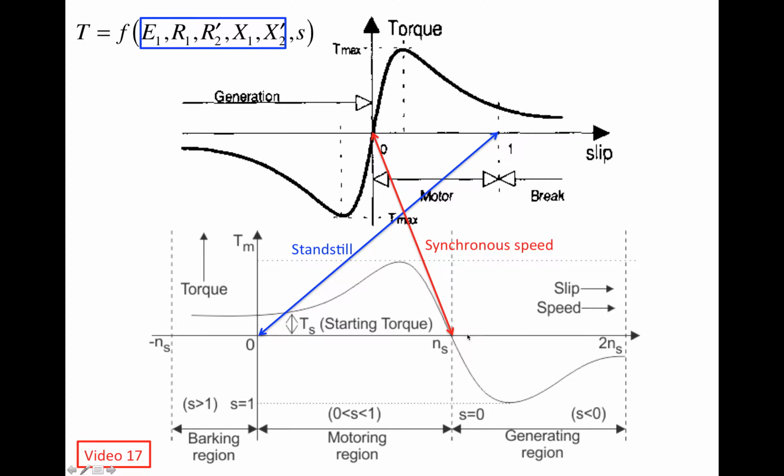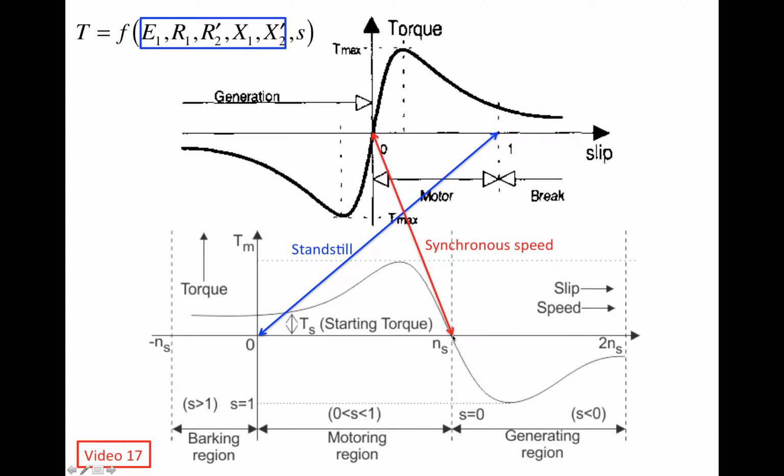Another point of interest is the point when slip equals 0. The rotor is rotating at exactly the same speed as the synchronous speed, the same speed as the magnetic field in the stator. So the rotor is not really cutting the magnetic field.